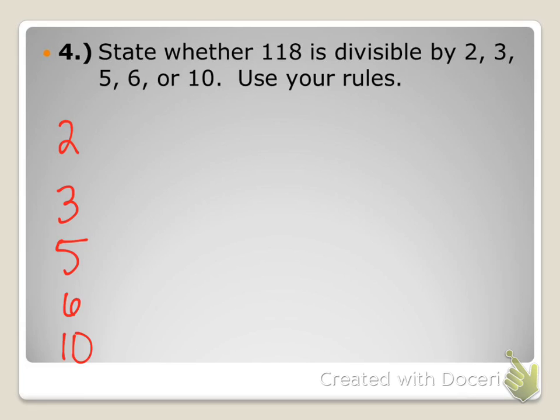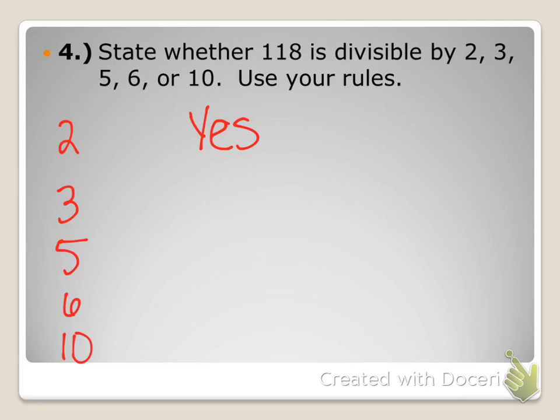All right, we're going to pull sticks on this one. Jakeem, is 118 divisible by 2? Okay, I would agree with yes. Yes, it is.